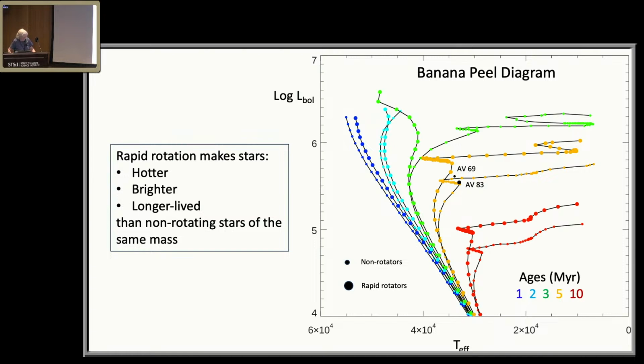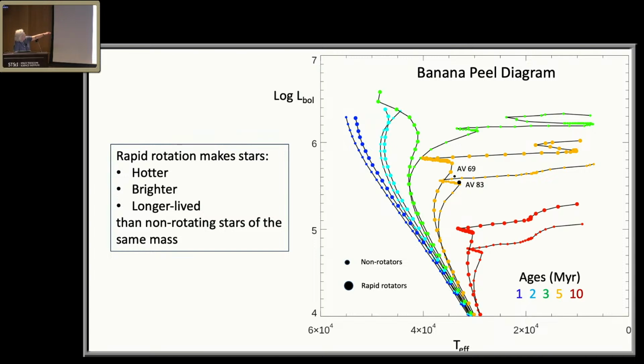Following this picture, we can see that as time goes on, stars are less luminous and somewhat cooler.